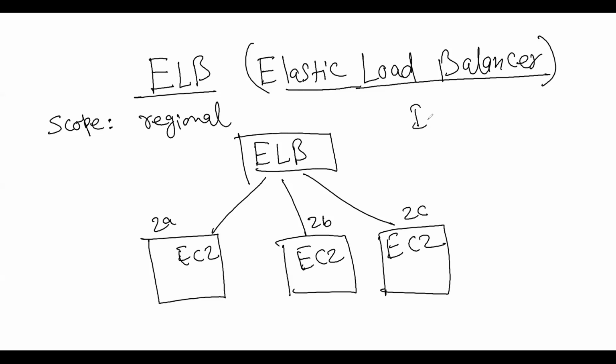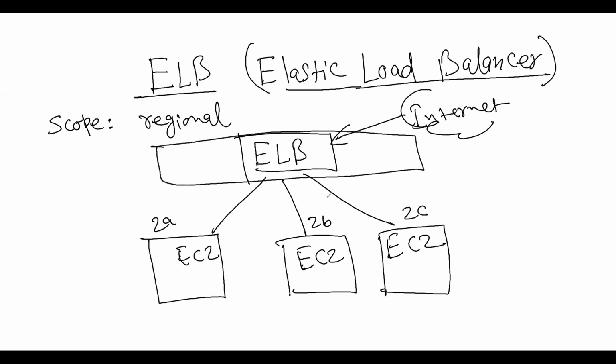So you have the internet, and from the internet, traffic is coming to the ELB, and this load balancer is taking care of it, distributing the requests to each available zone. So this is beneficial, right? Okay, so we'll see more in detail.